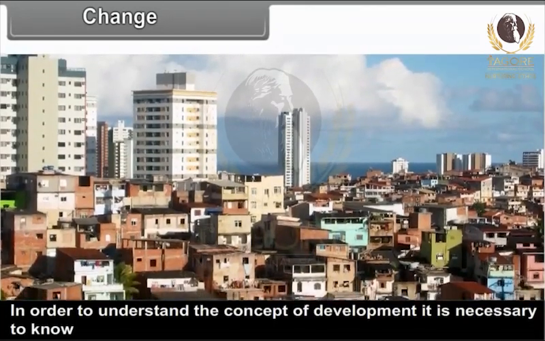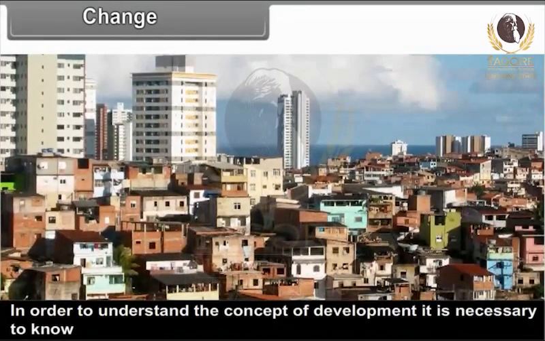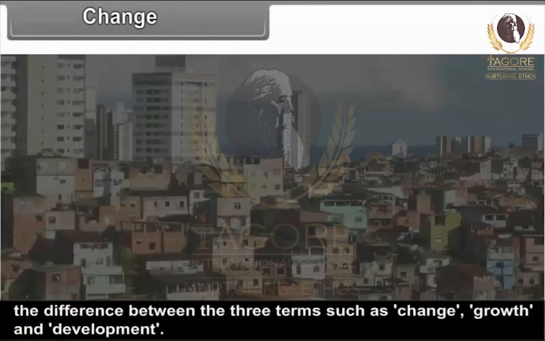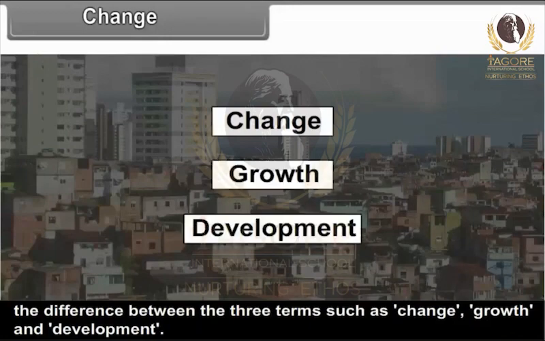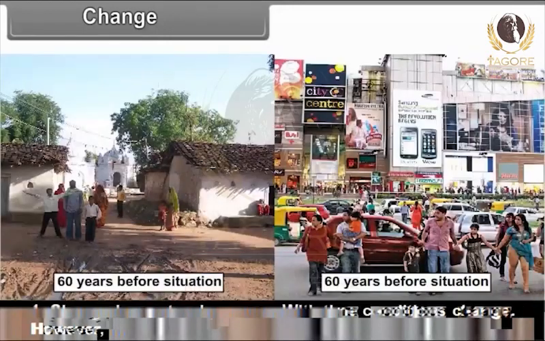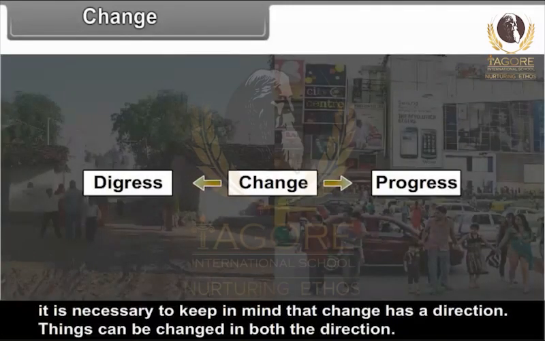In order to understand the concept of development, it is necessary to know the difference between three terms: change, growth, and development. Change is a natural process. With time, conditions change. However, it is necessary to keep in mind that change has a direction.